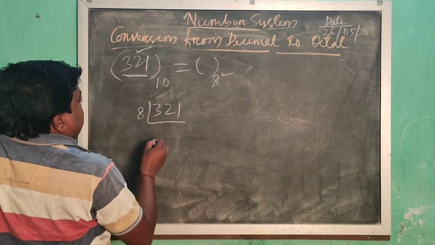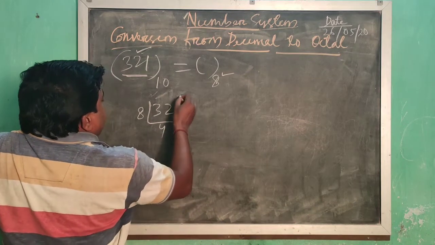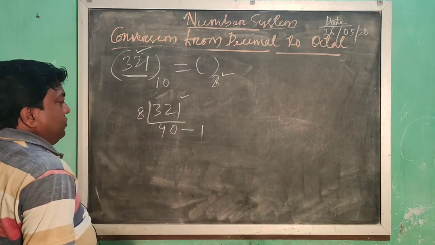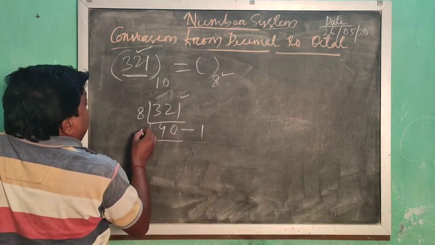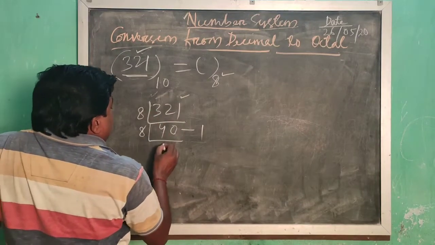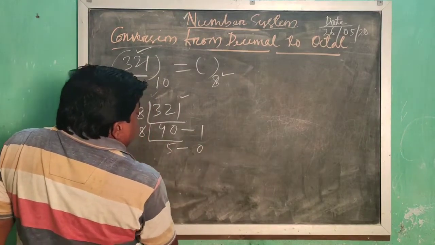Then here it will be 8 fours are 32 and left 1, means we will write here 0 and remainder will be 1. Then again we will divide 40 by 8, then it will be 8 fives are 40, remainder will be 0.